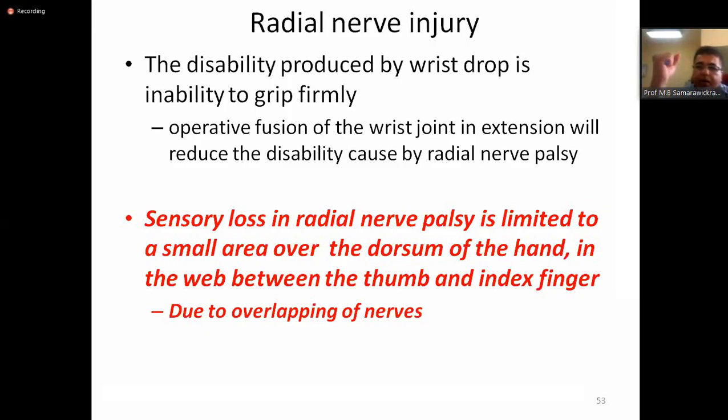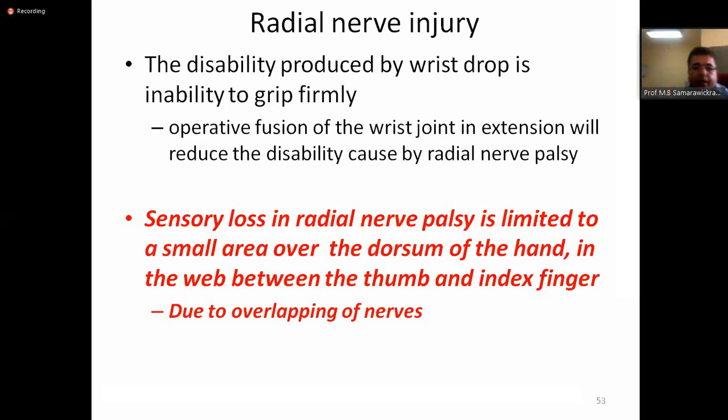Take a pen and hold it like this and flex your wrist. You can see you will not be able to grip it properly. Right. So wrist extension, or the extensor function, is important in having a good grip.